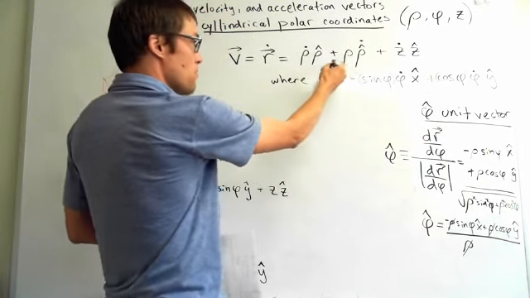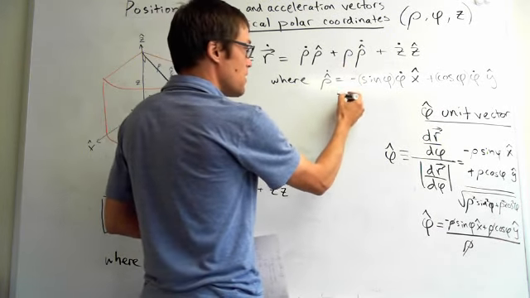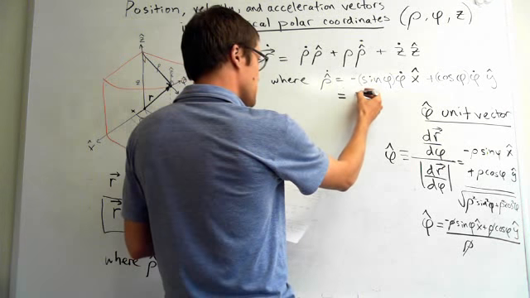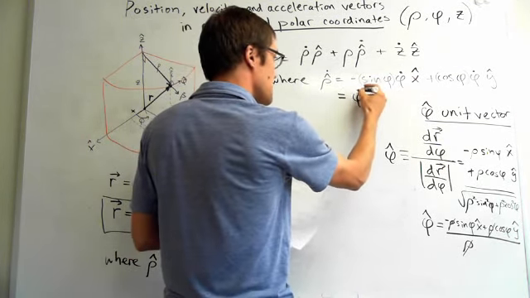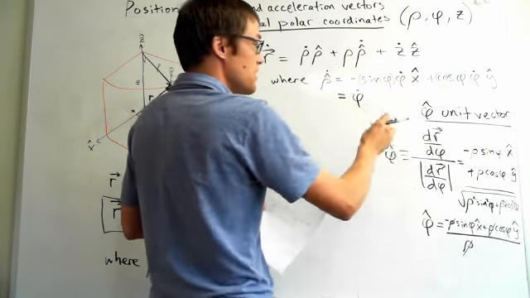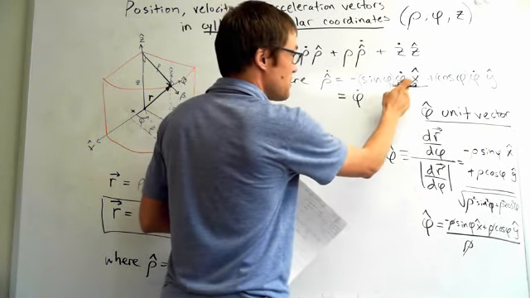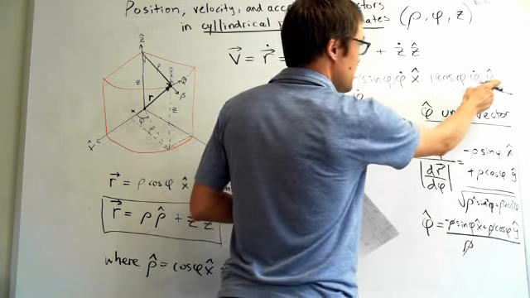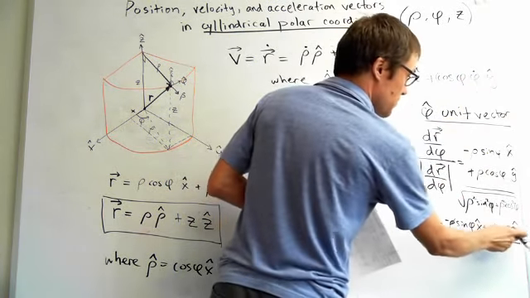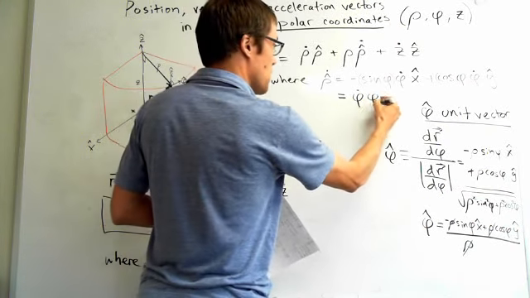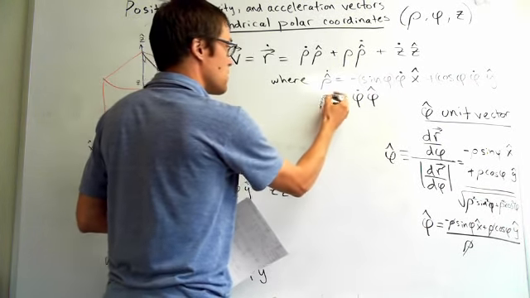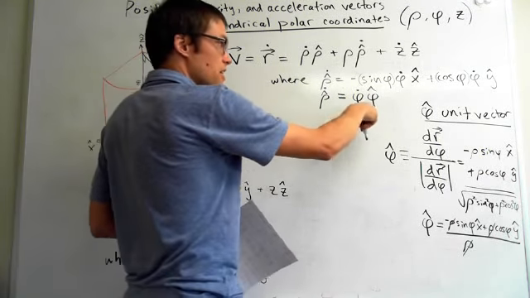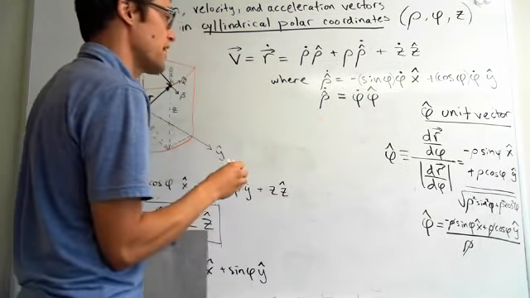Okay? So rho hat dot is equal to, let's see if we can factor out one of the phi dots. Phi dot comes out, and then you have a minus sine phi x hat plus a cos phi y hat. So this is phi dot phi hat, which is equal to rho hat dot.